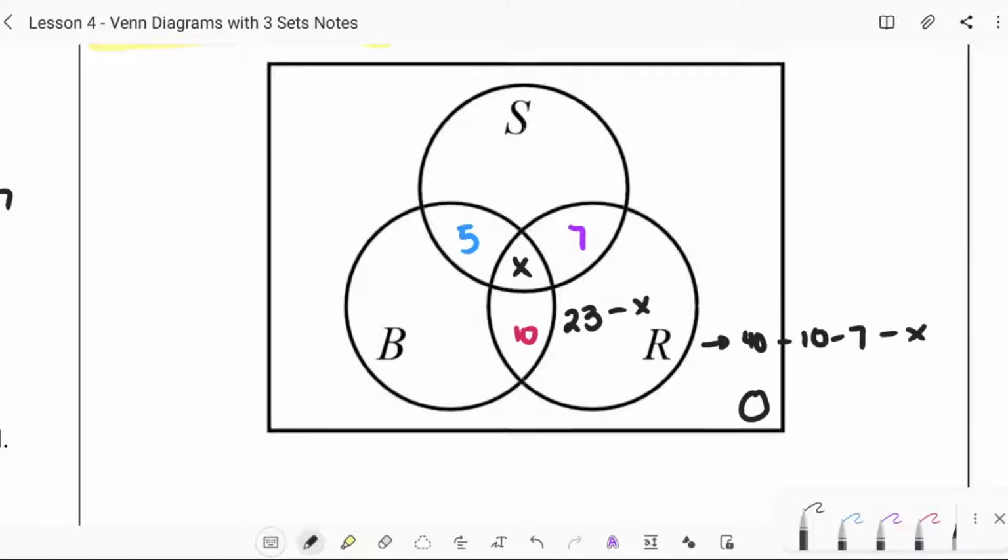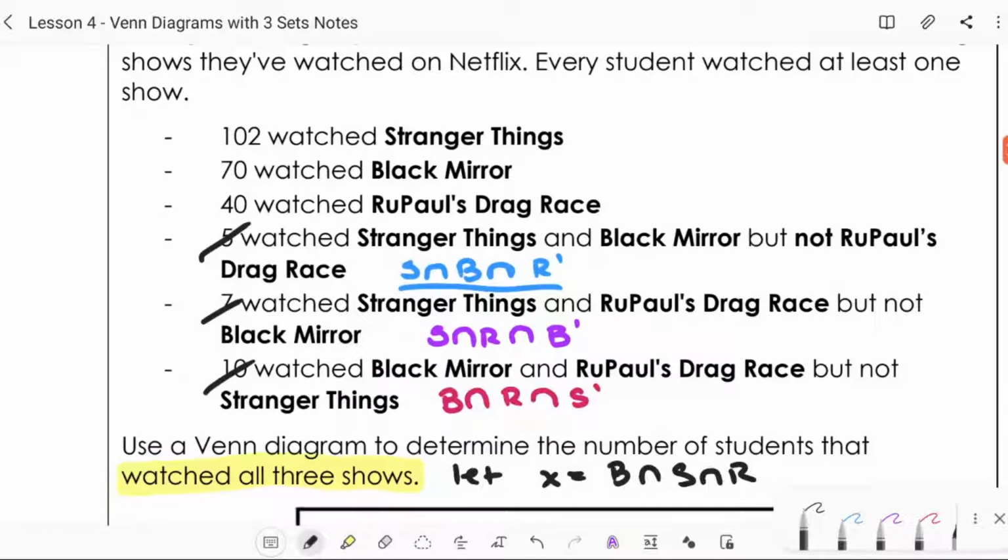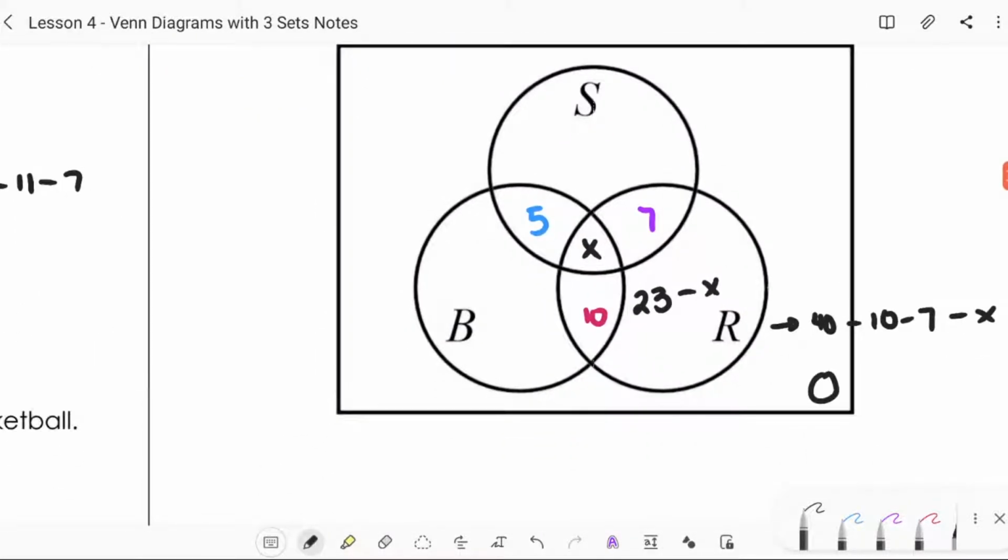Let's do the same thing for Black Mirror and Stranger Things. I had 70 watch Black Mirror, so explicitly Black Mirror with no overlap, no intersections, is going to be 70 minus 5 minus 10 minus x, which is 55 minus x.